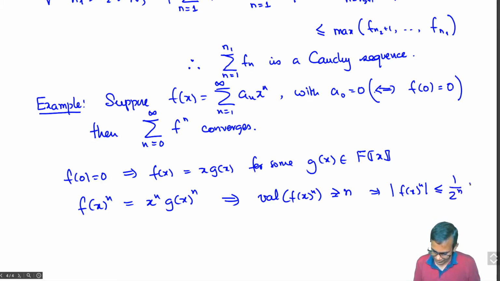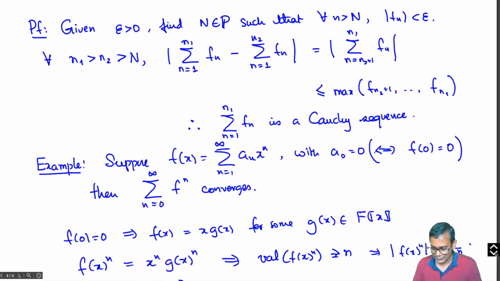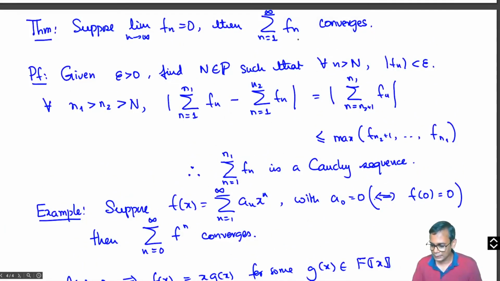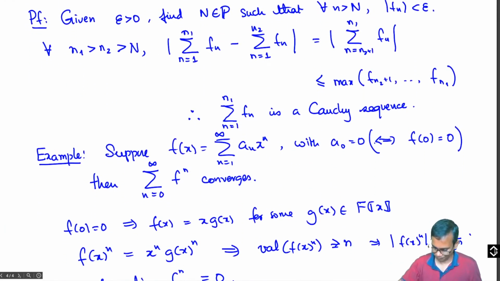So this sequence converges to 0, and therefore by the preceding theorem this series converges. So deciding convergence in formal power series is usually not at all a difficult thing.